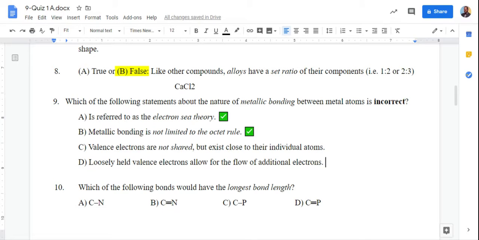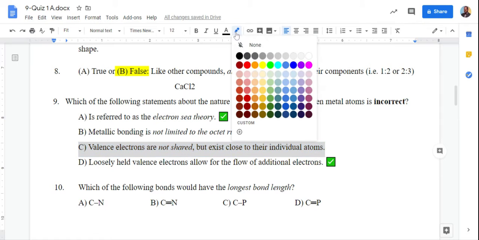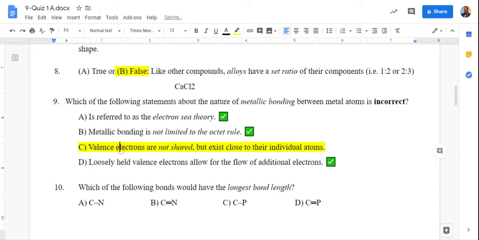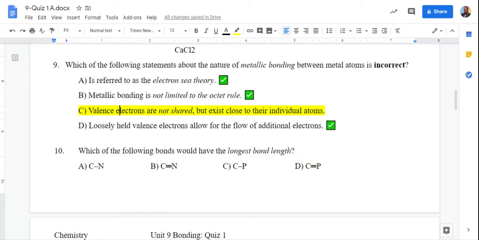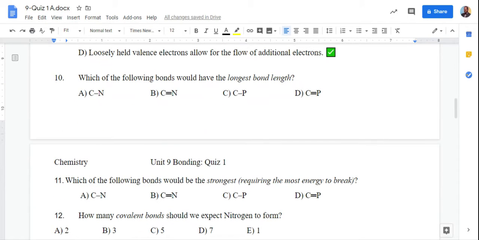And again, the whole electron sea theory is telling us that electrons are able to move about. And so C pretty much says the exact opposite of D. So C says the electrons are not shared and each atom is holding on to their electrons. That's the exact opposite of what we've said about metals, that they're letting their electrons wander.